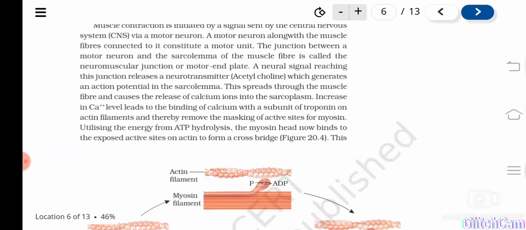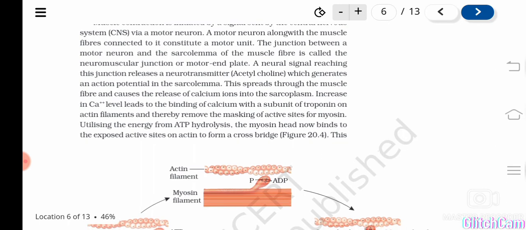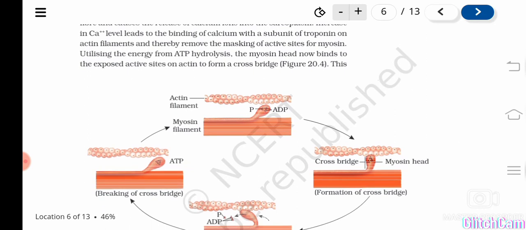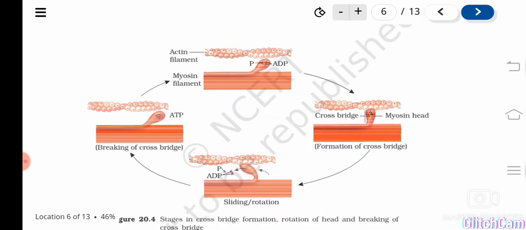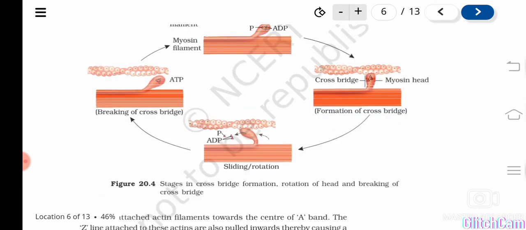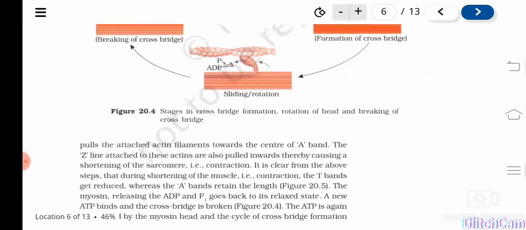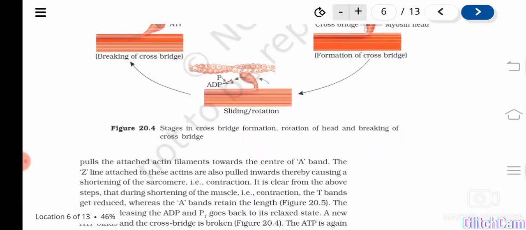When the calcium concentration increases in the sarcoplasm, the troponins' covering effect will be removed. This helps the myosin bind to the exposed active site of the actin, and they form a cross bridge. Like this you can see the cross bridge will be formed. Understood?